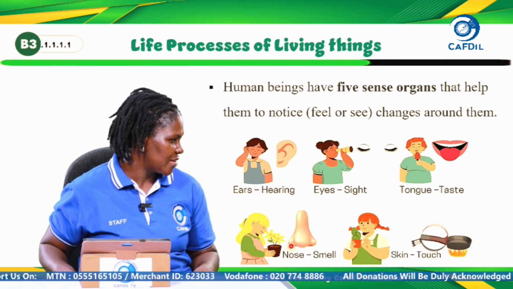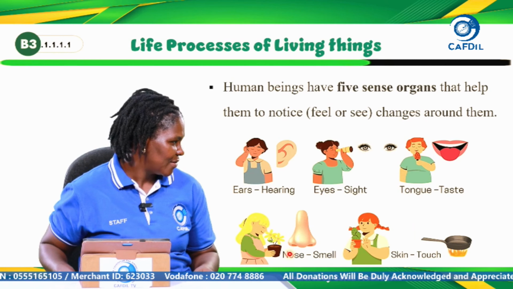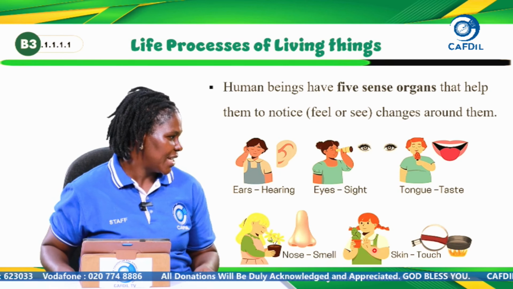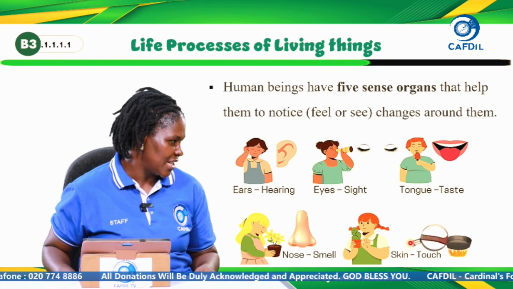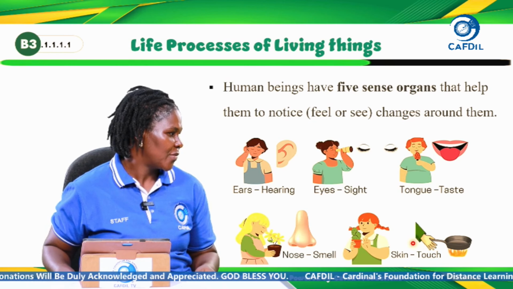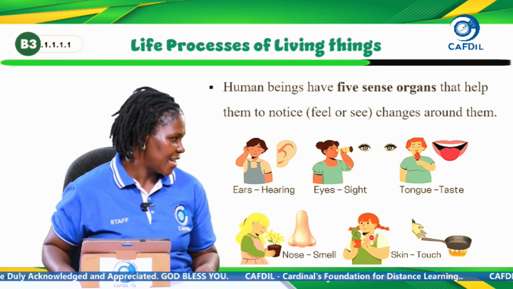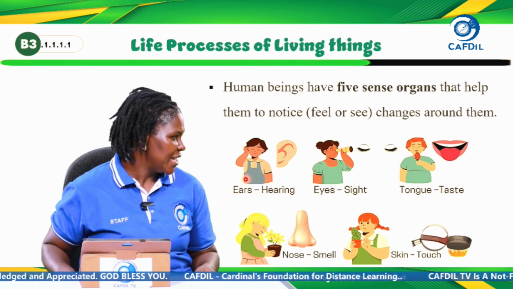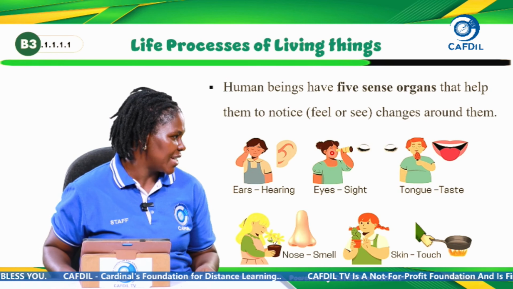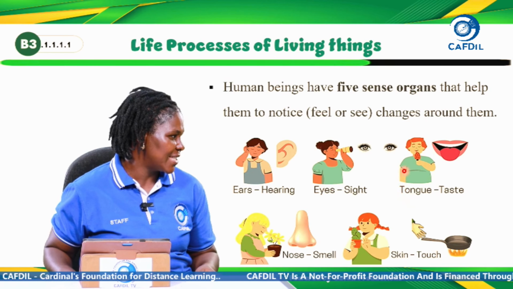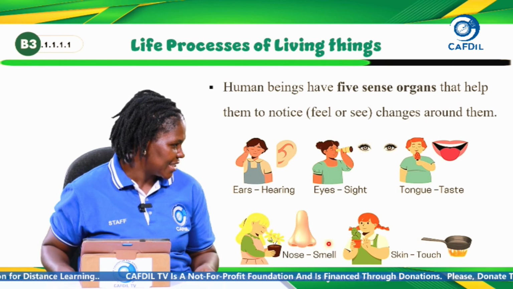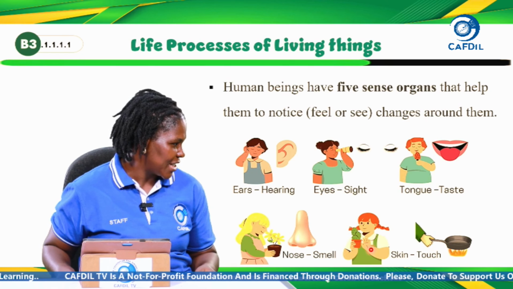Now our nose is for smelling sweet things and bad things. And our skin is for touching. As we can see the girl touching the hot frying pan. So we have the ears for hearing sound, the eyes for seeing, the tongue for tasting, the nose for smelling the flower, and then the skin for touching.